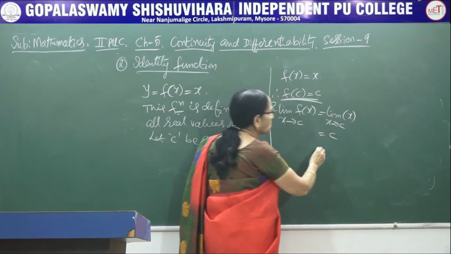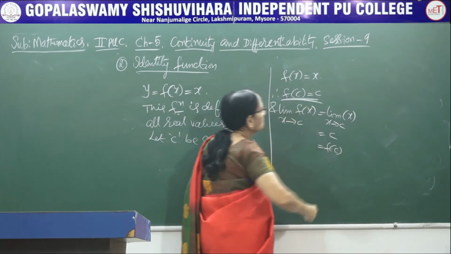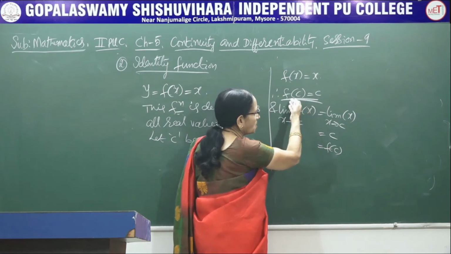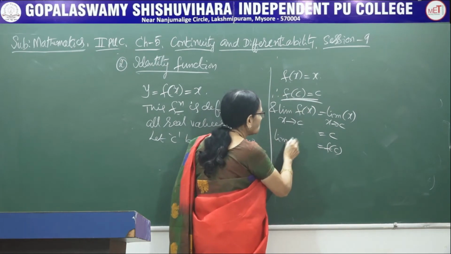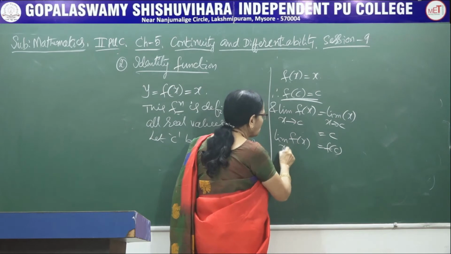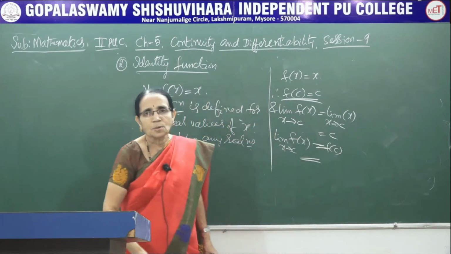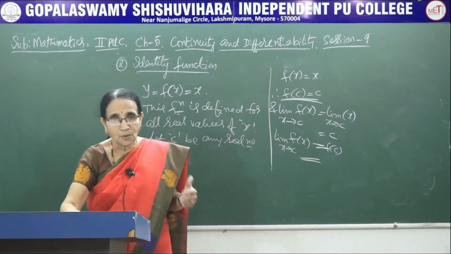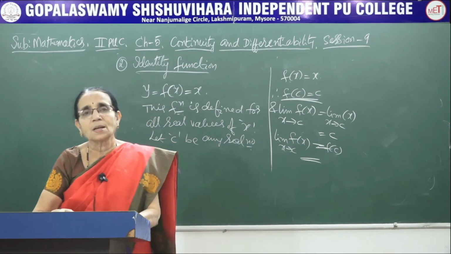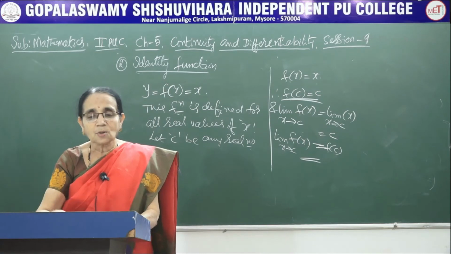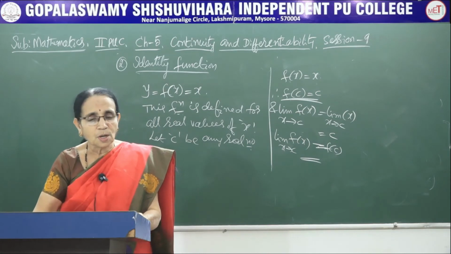But what is c equal to? It is nothing but the value of the function at that point, that is f of c. In other words, limit of f(x) as x tends to c is equal to f of c. So, the limit of that function as x tends to that particular value is c, and also the value of the function is equal to c.